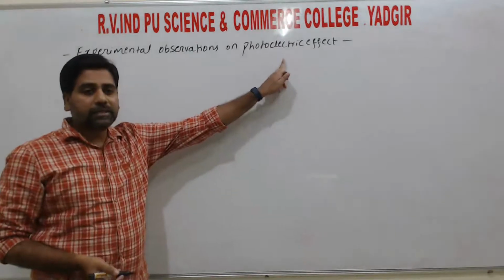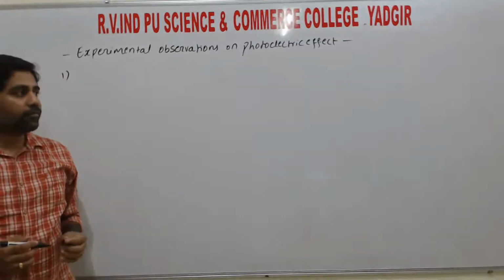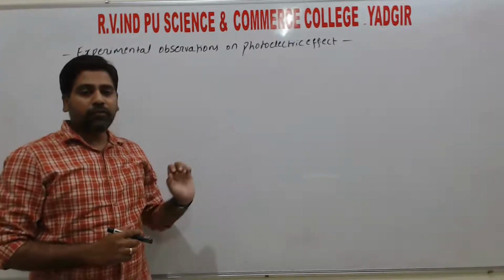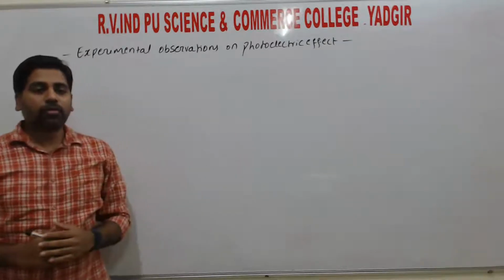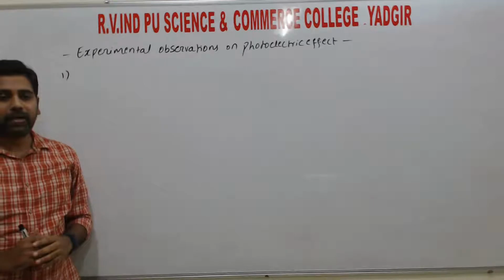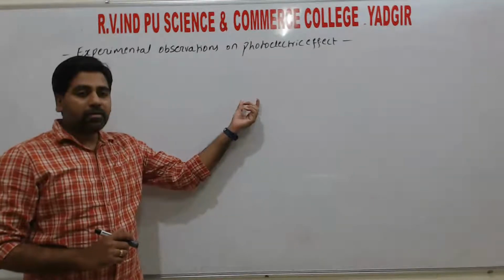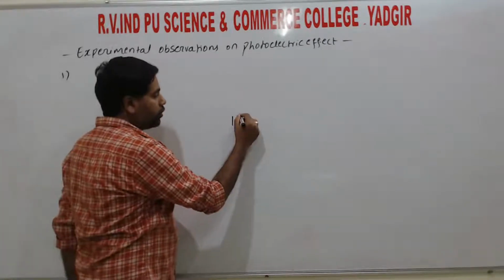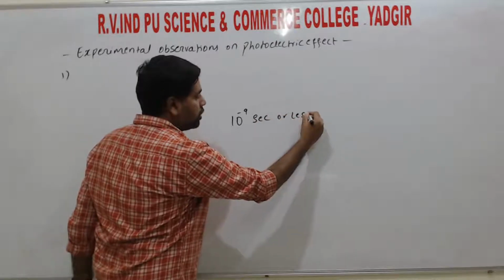So in that, the first point is that the photoelectric effect is an instantaneous process, right? For all the experiments, whenever the frequency incident is above the threshold frequency, the electrons are emitted from the photosensitive material or photosensitive plate. The emission of the electron takes less time, of the order of 10 to the power of -9 second or less.